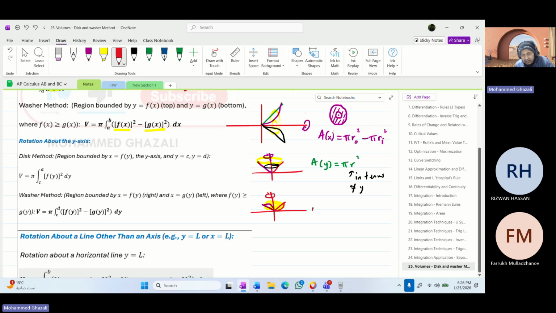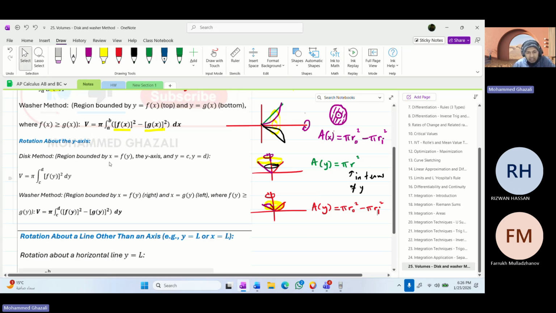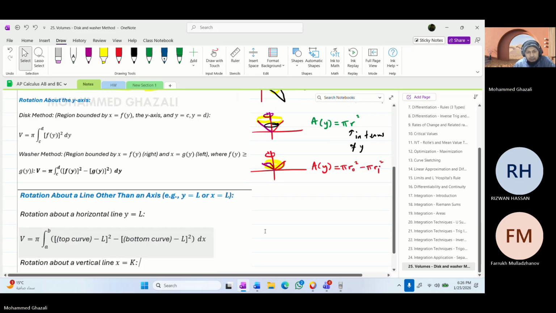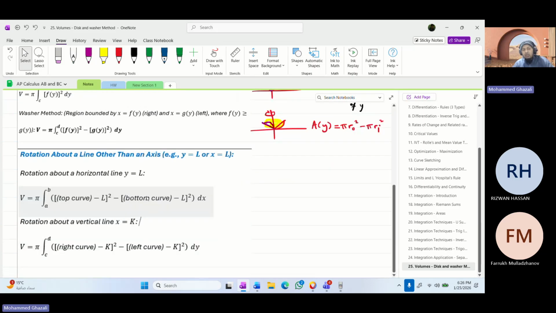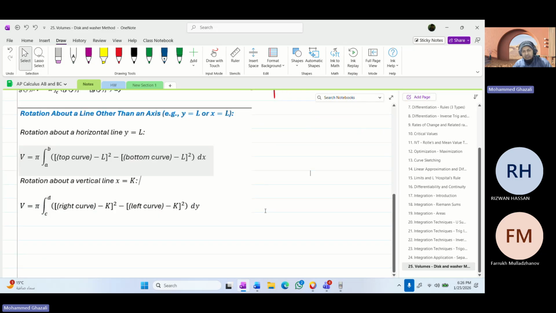You're going to find the area in terms of y, which is pi times the outer radius squared minus pi times the inner radius squared. The outer one will be the bigger radius. We'll do examples on every type of problem here. Next, when we're rotating about a line other than the x-axis, we will use these two formulas, but I will come to that later on. Let's do the first example.